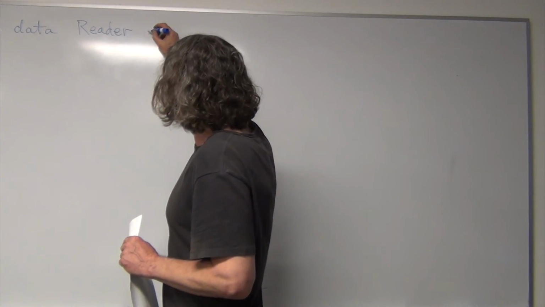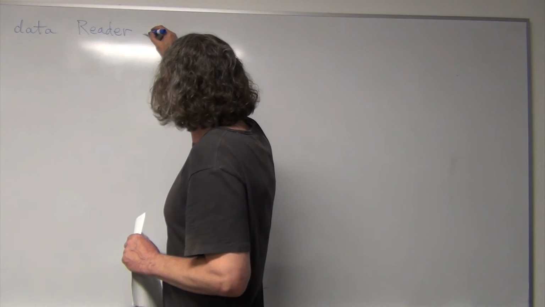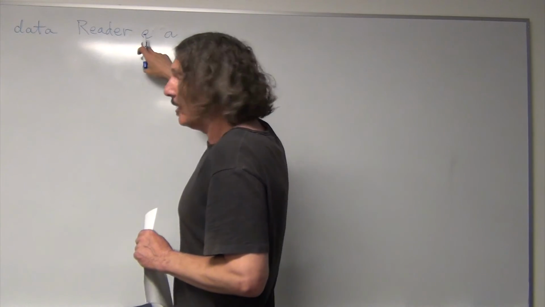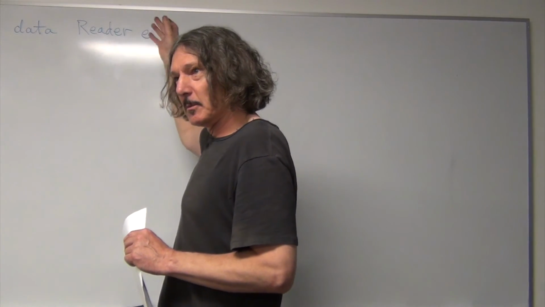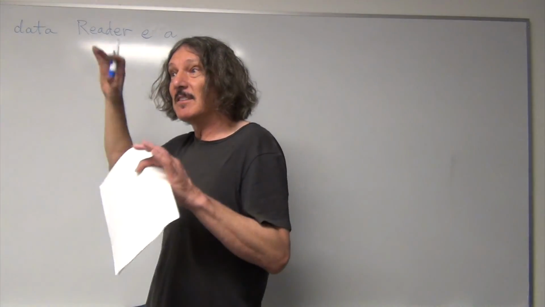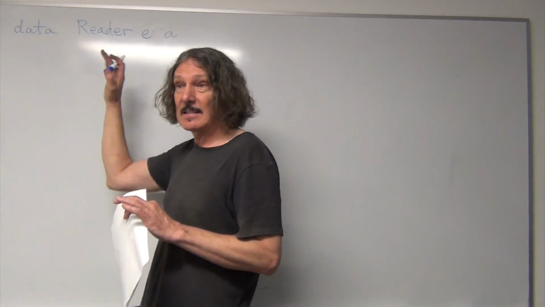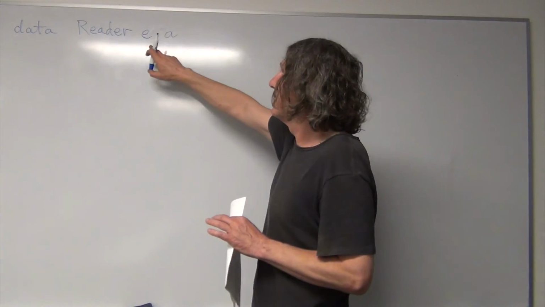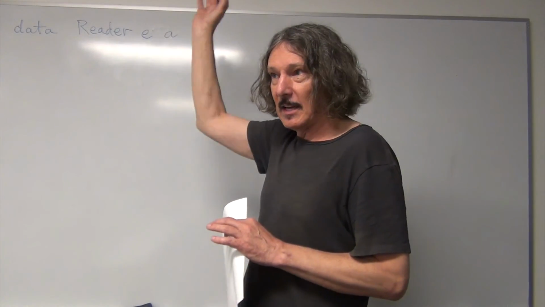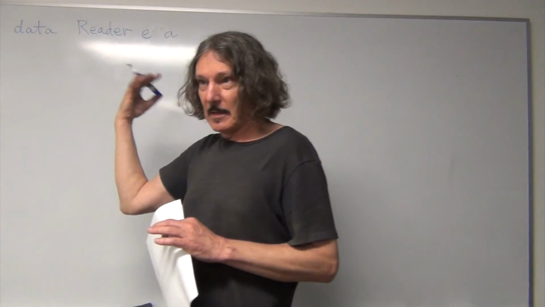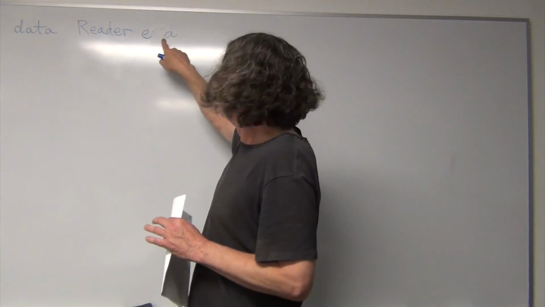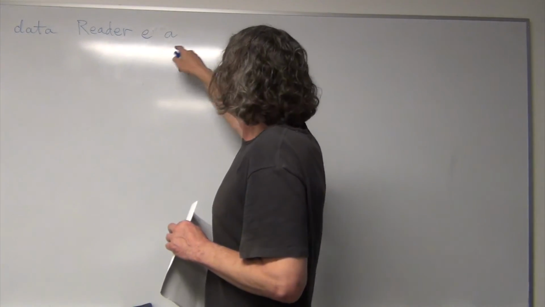Reader takes two types as arguments, right? Let's call them E and A. Now I call it E because when you see that as a monad, this will actually correspond to some kind of environment, the monad that has access to some environment. So this is environment, and this is the free variable A, type variable A, that we will use to define a functor. We'll just keep this constant and vary A. Okay?